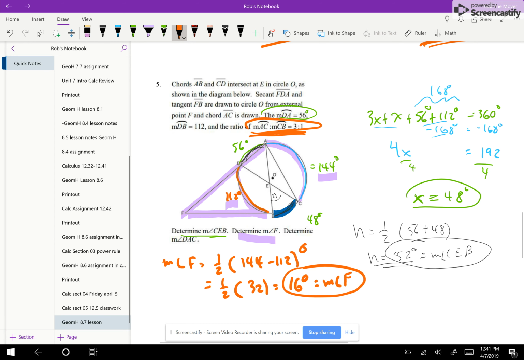And last but not least, let me erase some of this stuff. We are looking for, last but not least, DAC. Let me go back. I don't like that.